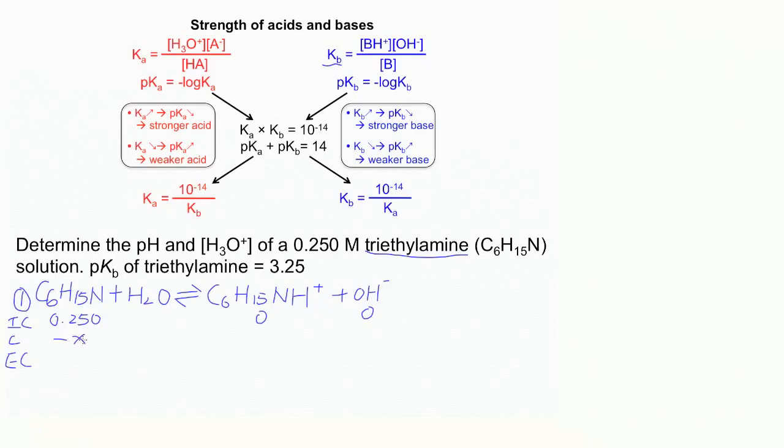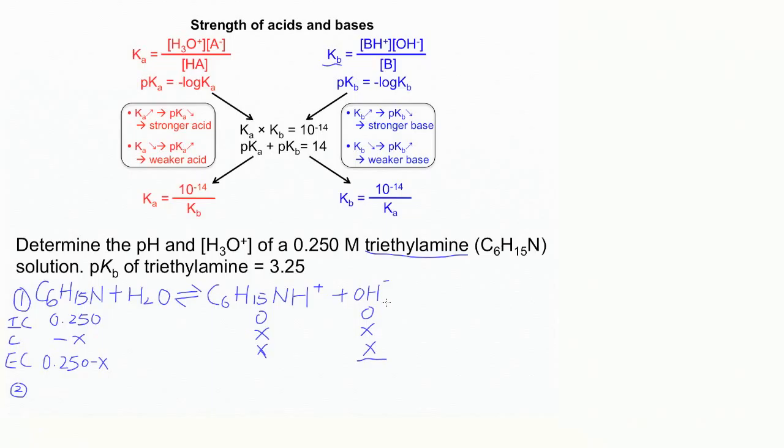Change is negative x for triethylamine, and x equivalent of the two products will be generated. So when you express the equilibrium concentration, 0.250 minus x for triethylamine, and the two products' equilibrium concentration would be x and x.